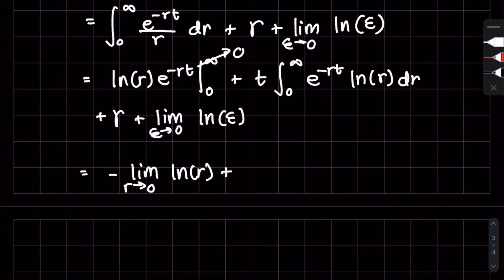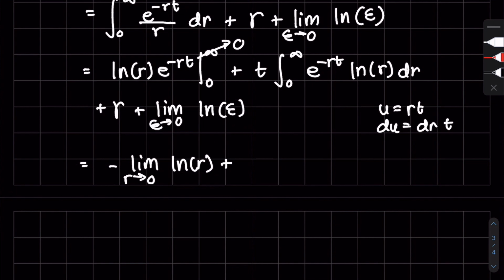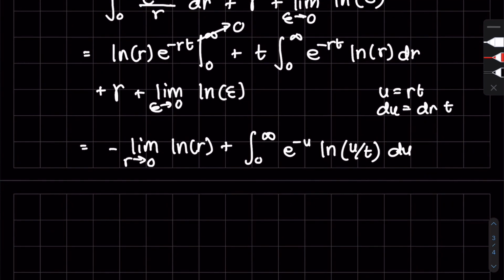Now what we can do here is like a u substitution again. So u is rt, du is dr times t. So we have 0 to infinity, e to the minus u, natural log of u over t, and then du, that takes the t away, plus Euler-Mascheroni plus the limit as epsilon goes to 0 of natural log of epsilon.